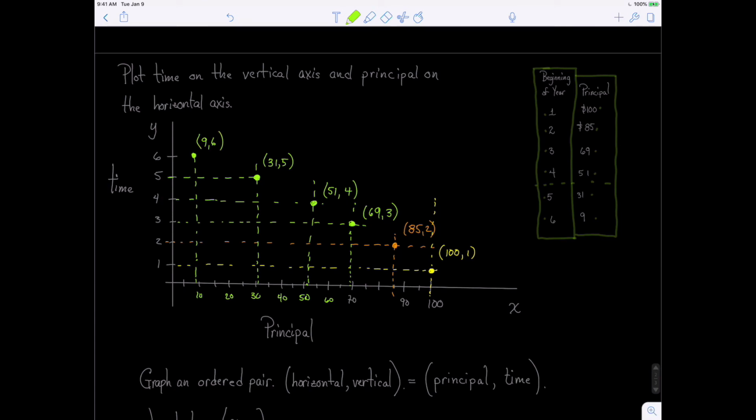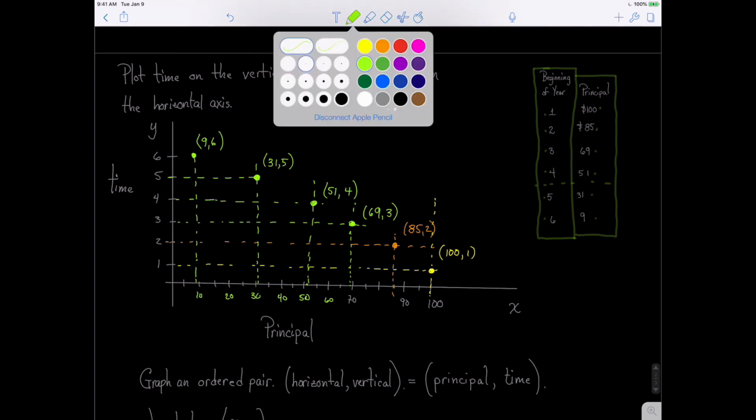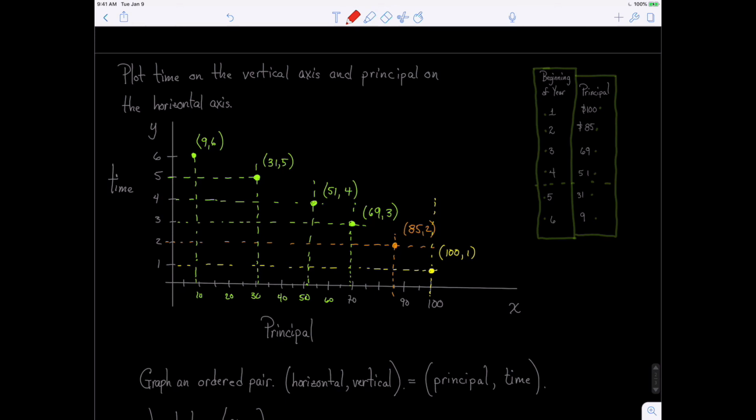I called them an ordered pair because order does matter. For example, if I chose 100, 1, and I graphed it as 1, 100, let's see what would happen. I'll do it in red so that we know not to do this. I'd start over here at 1, and I'd have to go all the way up to 100.